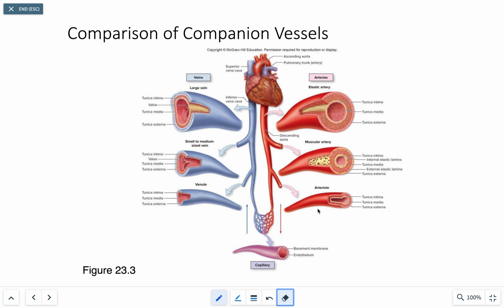When we're looking at the arteriole, it has the ability for arteriolar vasoconstriction, so it can reduce blood flow going into the capillary bed, or it can do arteriolar vasodilation, which increases the blood flow to the capillary bed. And then again, we have the capillary, where we're going to see a true capillary where we're going to see exchanges of nutrients and minerals across the basement membrane.